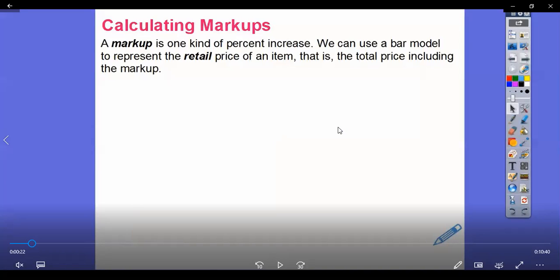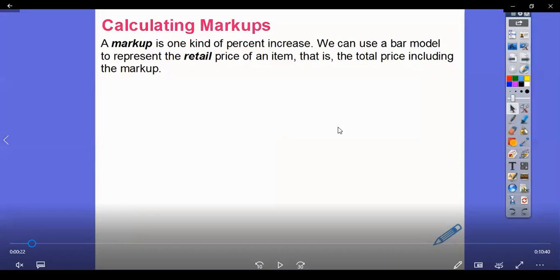Percent is very important in our real life. But in our lesson today, we want to talk especially about markup and markdown. A markup is one kind of percent increase. As I told you, it's the same kind of percent increase because we are going to add something to the original price to get the new amount of money.